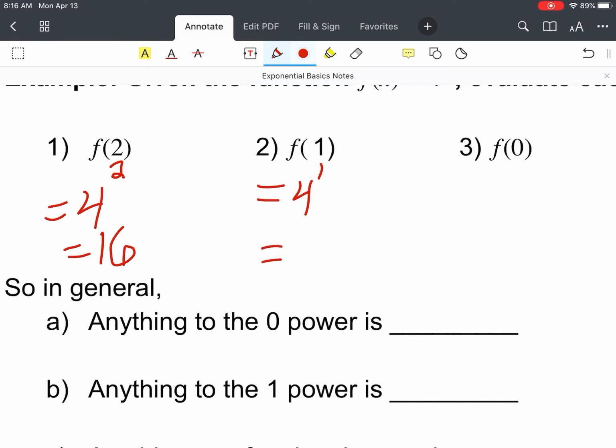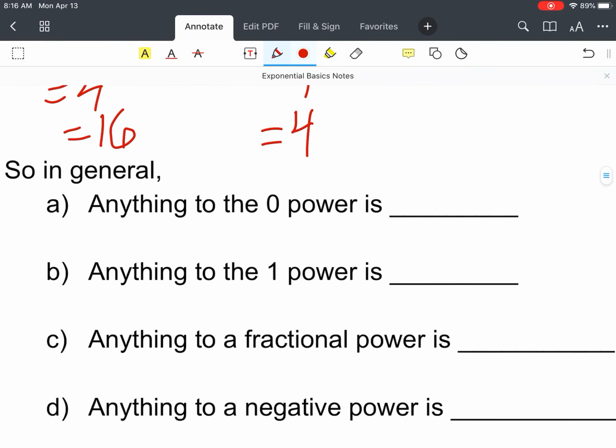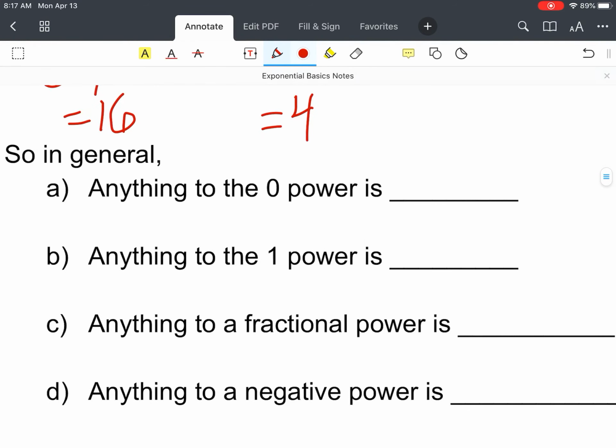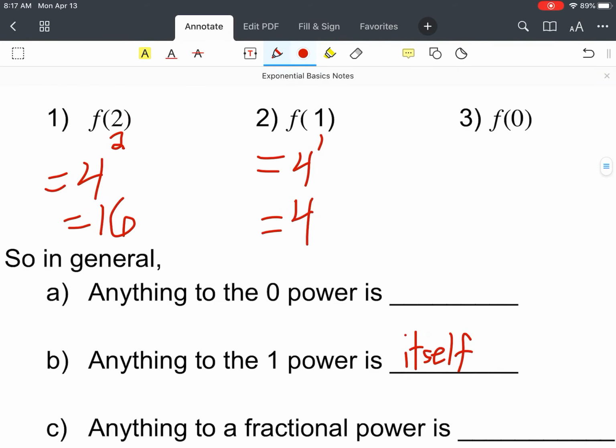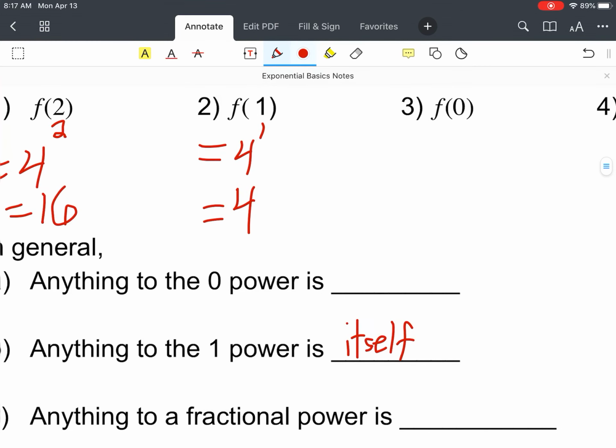Okay. F of 1. So I need to take 1 and put it into my exponent. Anything to the first power is itself. All right, f of 0.